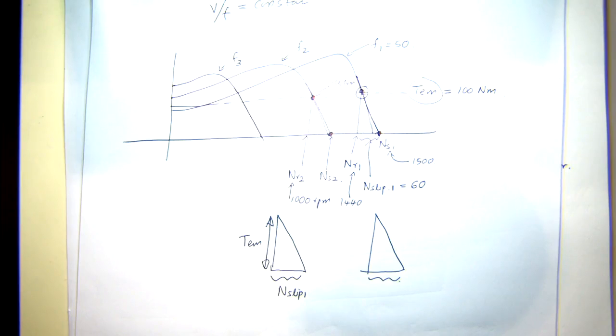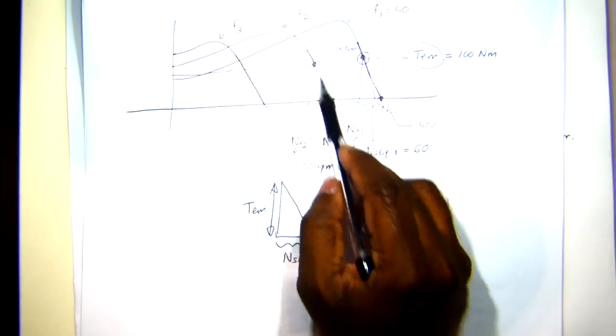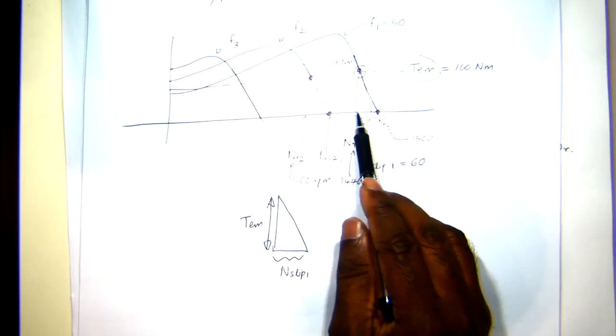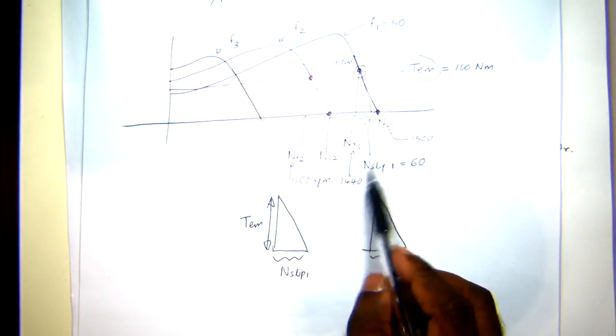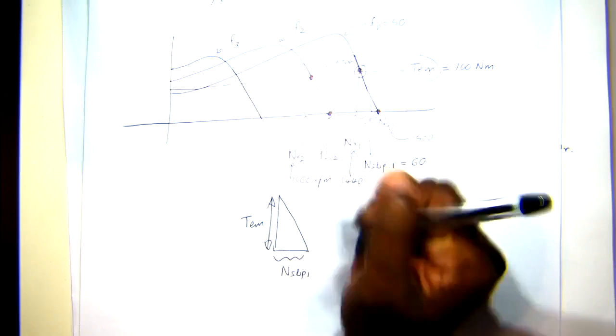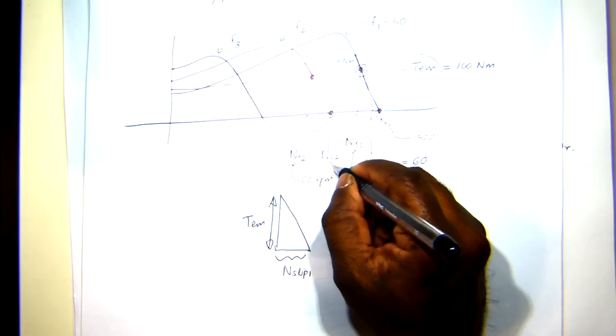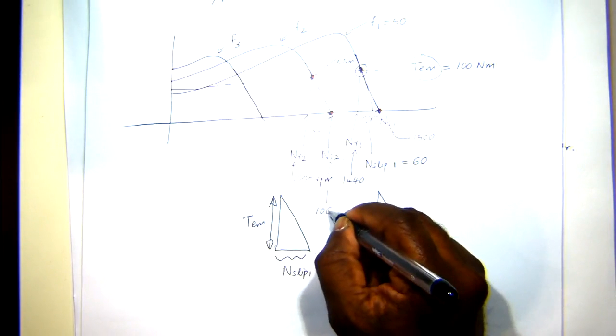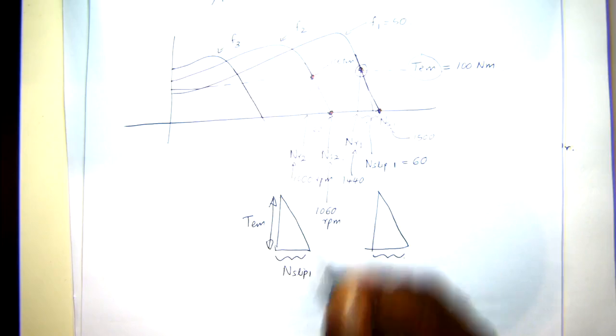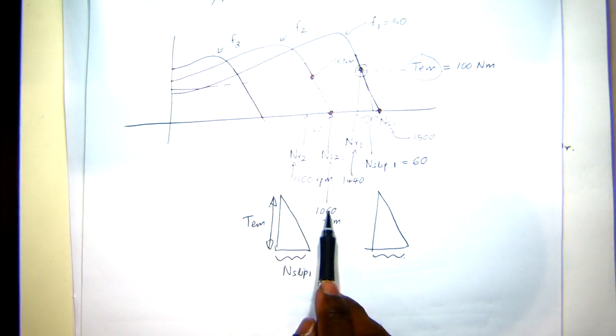From these 2 triangles, you know that in this triangle the slip is 60. So the slip in this triangle has to be 60 as well. Then the synchronous speed will need to be 1060 RPM. So the synchronous speed of the new condition is 1060, and that corresponds to a frequency as well.